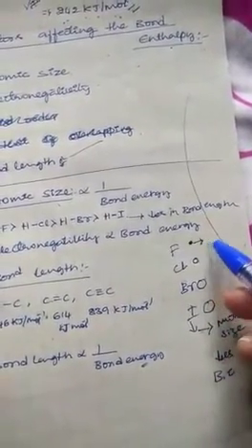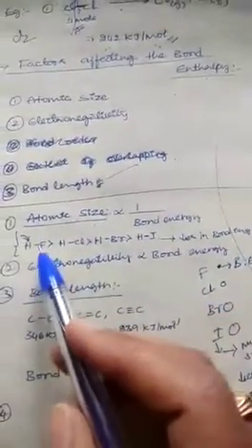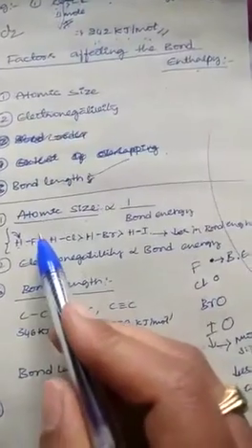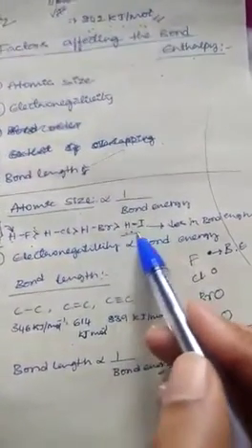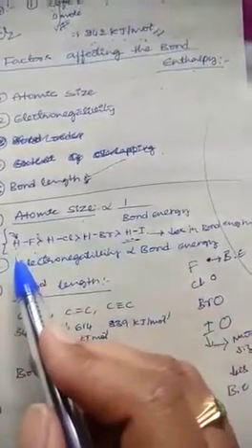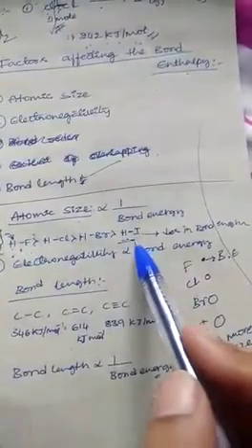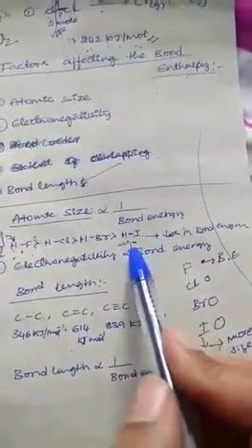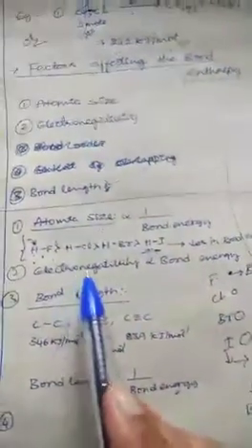Fluorine has a smaller size, so it increases bond energy. So look here, hydrogen fluoride has greater bond energy when compared to hydrogen iodide. So smaller the size, more will be the bond energy, higher the atomic size, less will be the bond energy.